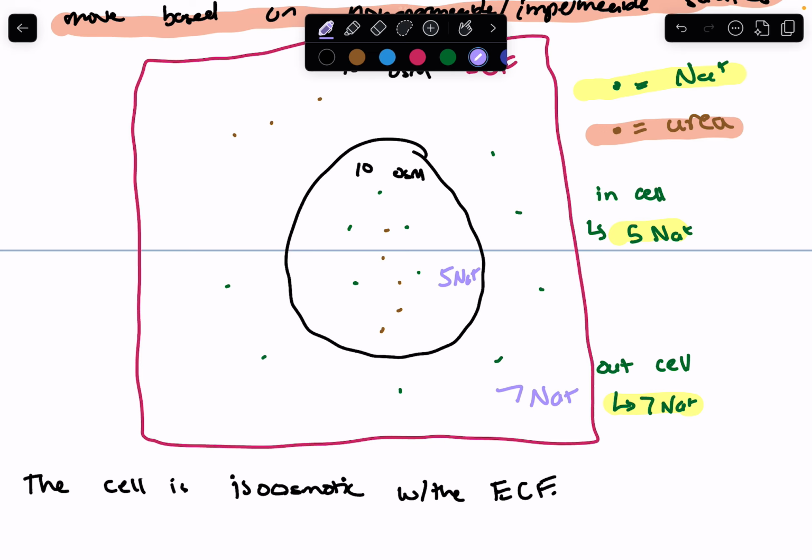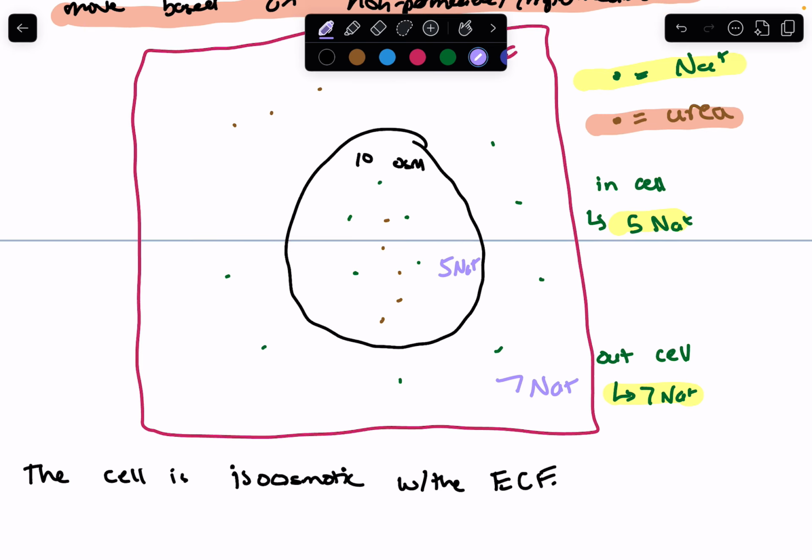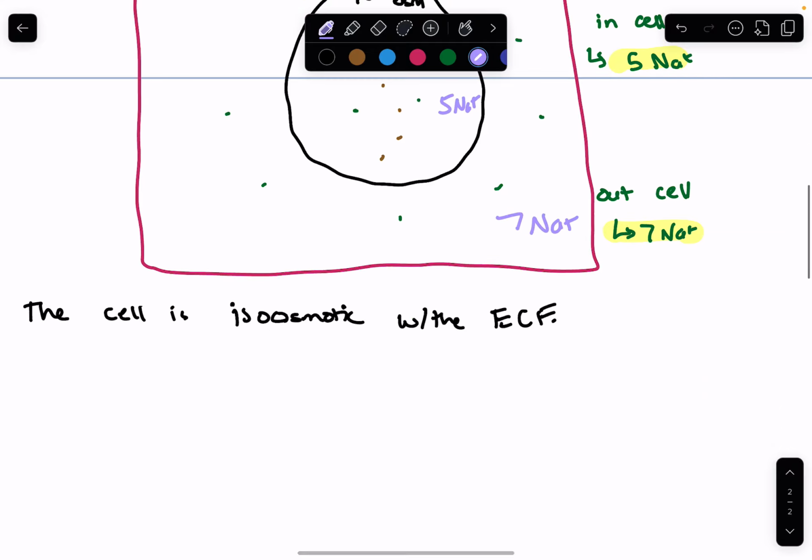Now, when we're talking about non-permeable solutes, this is where the hypertonic, hypotonic, isotonic comes into play. Hypotonic means, and remember, this is all relative. So if we're talking about the cell, we're saying the cell with respect to the extracellular environment, right? If the cell is hypotonic to the extracellular environment, that means that there is a lower concentration, right?